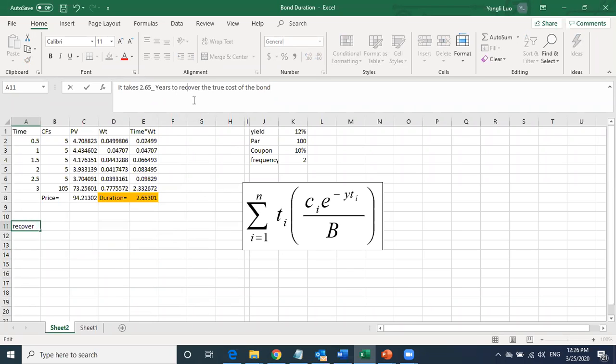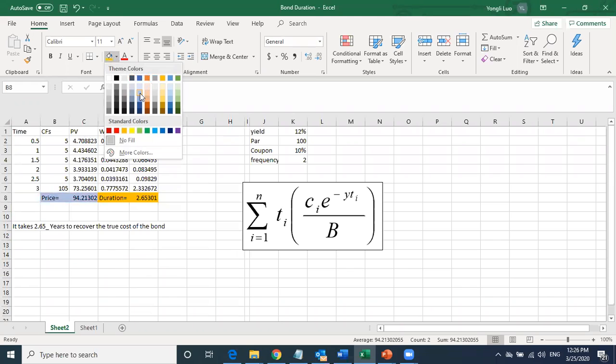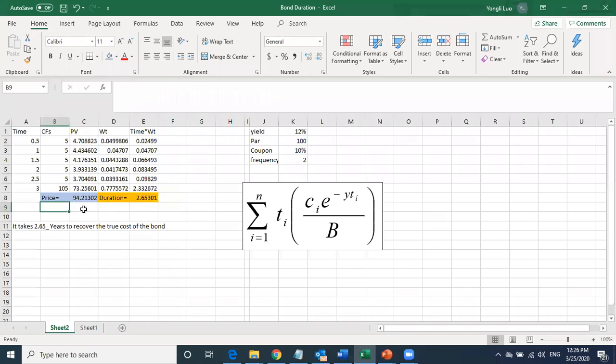the real cost, the true cost of the bond. The cost of your bond is the price. This price you have is the cost of the bond. So you pay $94.21. You receive $5 every 6 months and $105 at maturity, in year 3.